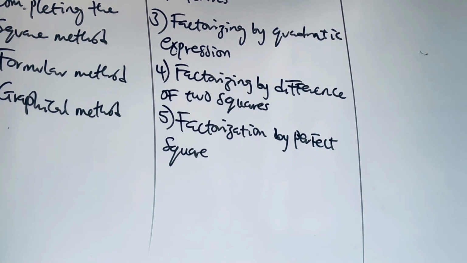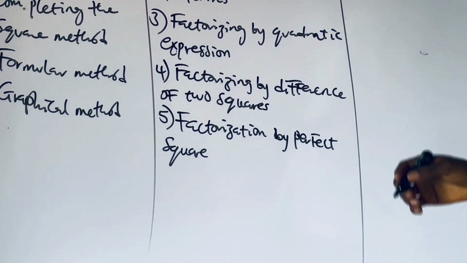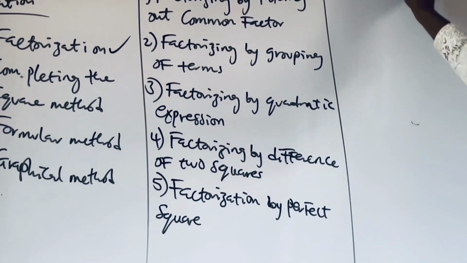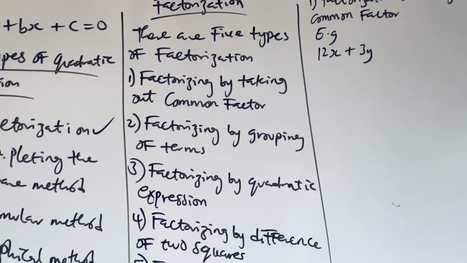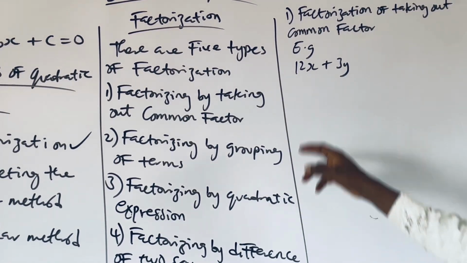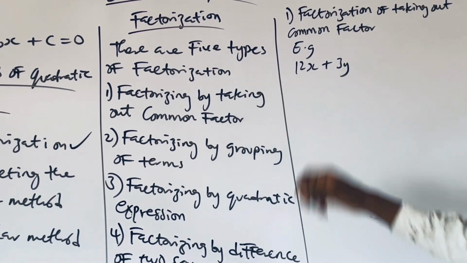One, factorization of taking out common factor. Example, when you have 12x plus 3y, the common factor here is what?